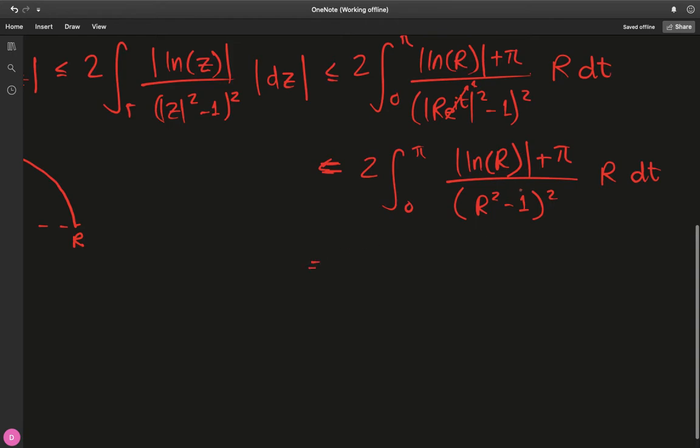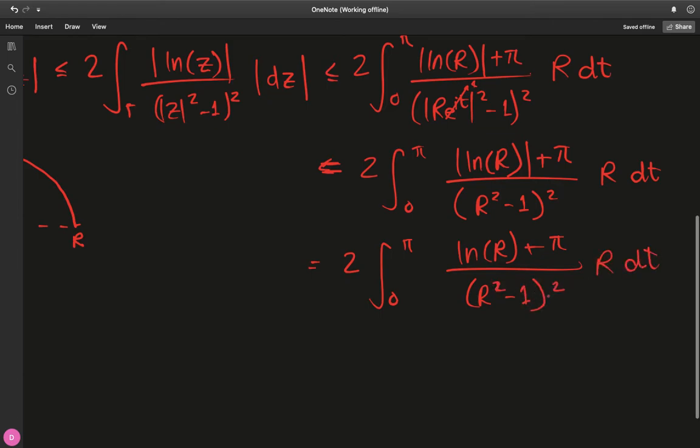Well, first we can just drop the mod now, because r is always going to be some real value, so natural log of r is always going to be real, and mod of a real number is the real number itself. So 2 times integral from 0 to pi of natural log of r plus pi over r squared minus 1, the whole thing squared, r dt.